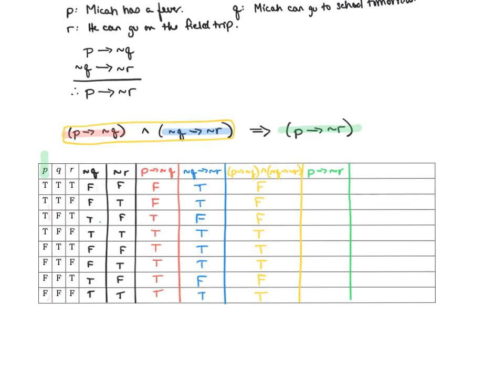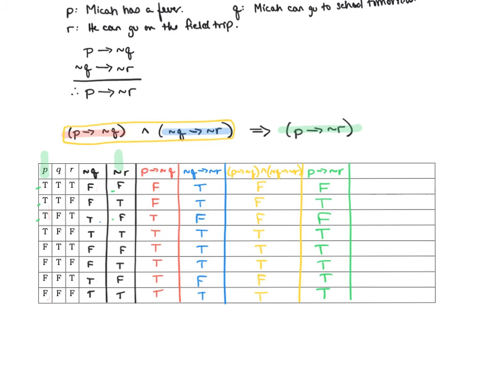P implies my not R. Okay, so I'm still working from left to right, and remember, the ones that we don't want are true, false, that gives us a false. True, true gives us a true. True, false gives us a false. True, true gives us true, and then all the rest start with falses, and so these have to be true in the end.